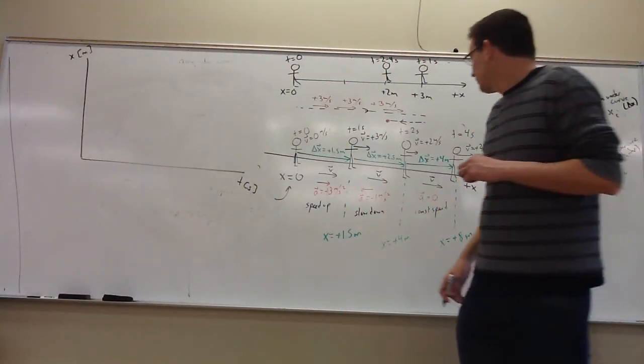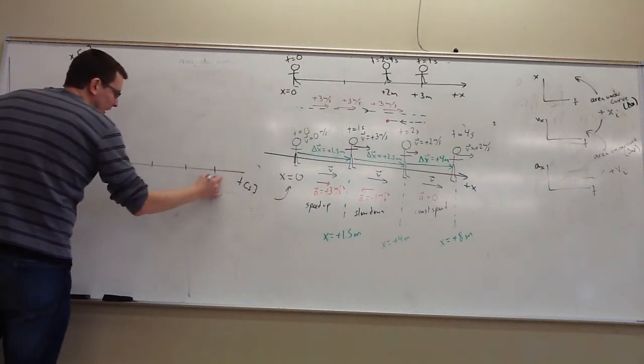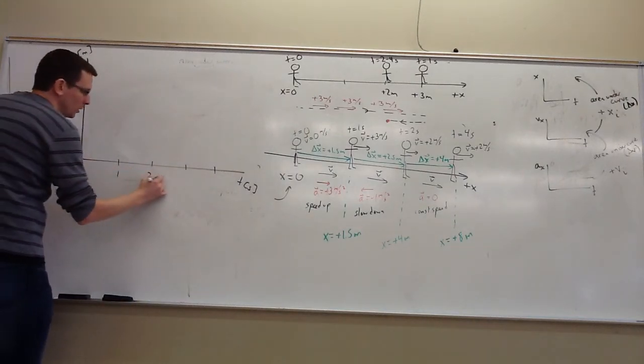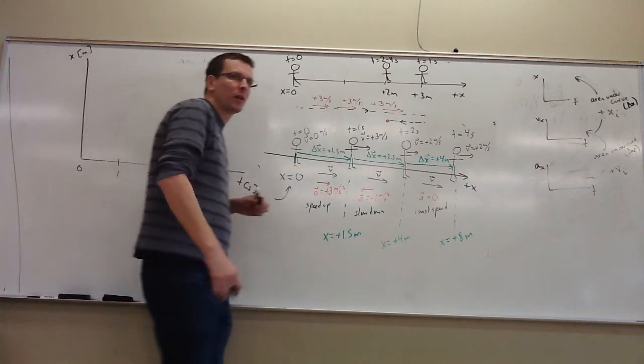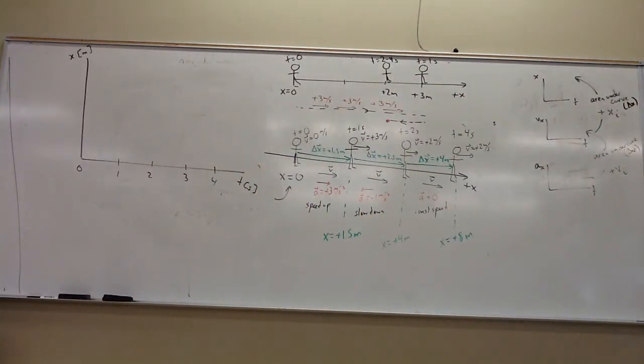So we have 4 seconds that we need to account for on this axis. And then the x values, those are all positive. But we have to make room for what's the largest x value that we would have to plot? 8.